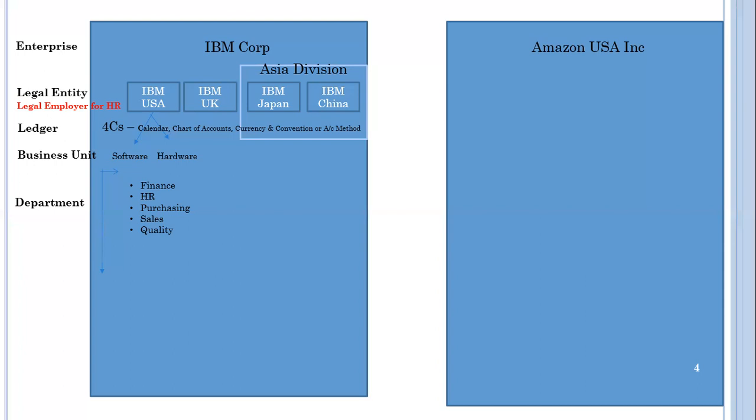The legal entity has the link to the ledger and how it is going to be used. A lot of that legal information is available with the finance side. So these are prerequisites that have to be done before. Yes, this is part and parcel of the implementation. Look at a global organization like IBM or Amazon or Cisco.